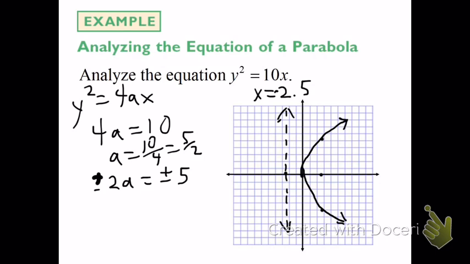We want to also list what our focus and vertex are. So our vertex is going to be at the origin here, and our focus, capital F, is at 2.5, 0.